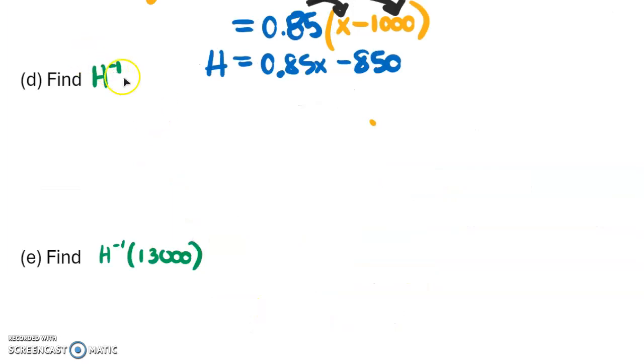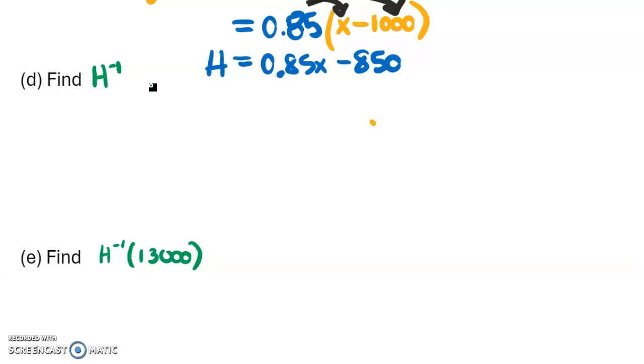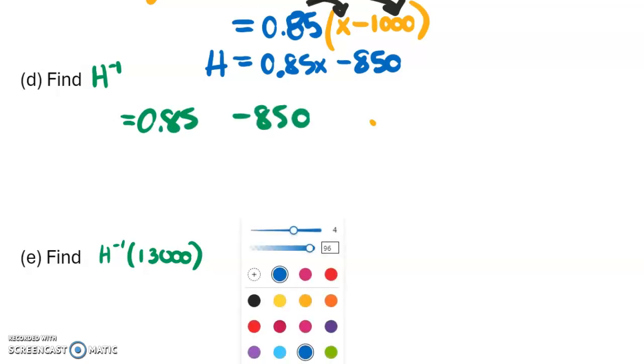Now continuing on, in part D, it says find the inverse of H. So this is the inverse notation. To find the inverse of H, when we try to find the inverse, we're going to write the function, but swap the variables, the input and output variables.